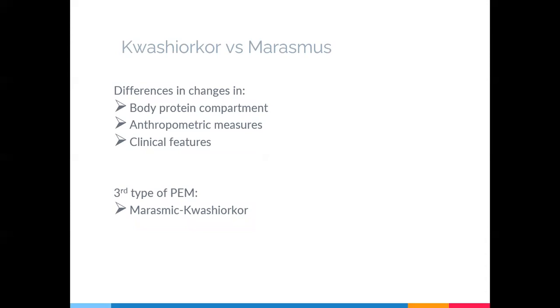Okay, I know that you're done with this because na-discuss na ninyo sa assessment. Di ba nahibaw-an nato ang mga standard deviations nga if ma-fall ang measurement sa negative nga SD, then mas underweight siya, mas wasted siya. Okay, so inana siya. And sa clinical features, na-edema si kwashiorkor, si marasmus wala.